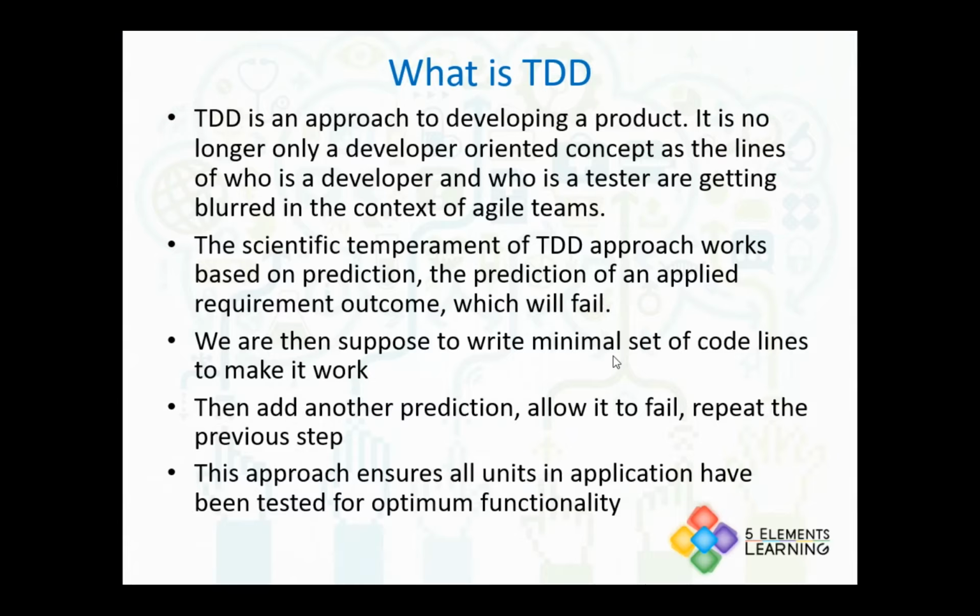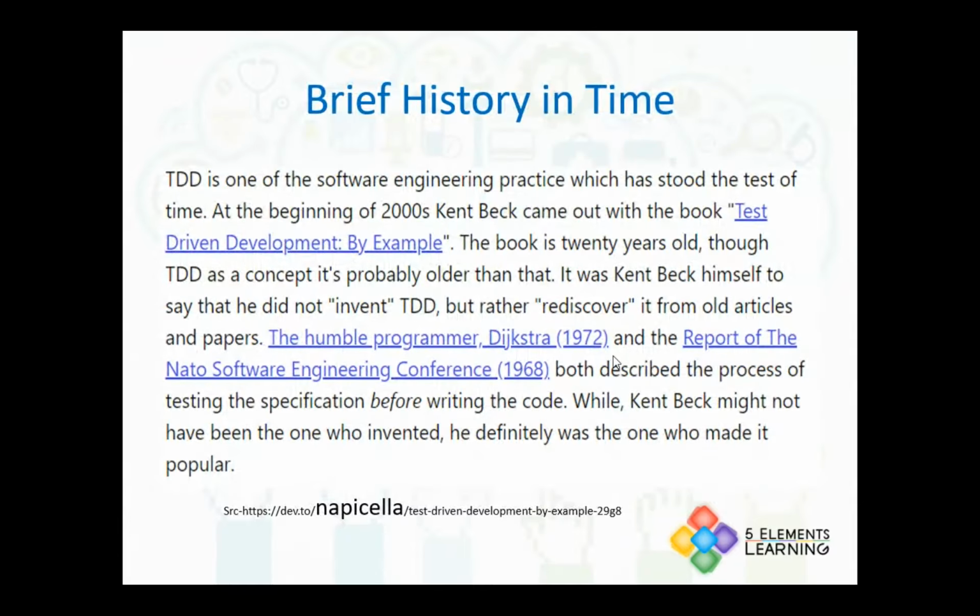And then we are supposed to write a minimal set of code lines to make it work. Then we do the same for another requirement and we predict it to fail, and then we write a minimal set of code lines to make it work. This approach ensures that all units in the application have been tested for optimum functionality.